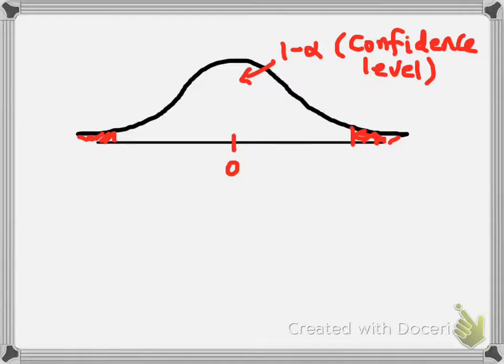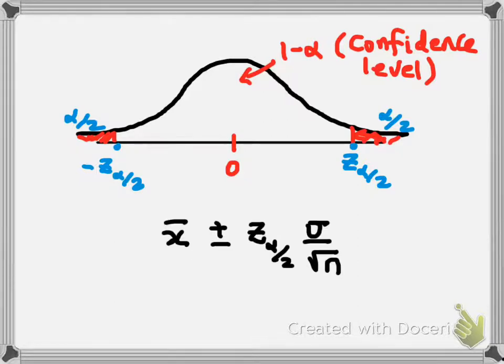And your alpha is split into 2 by symmetry. One of it is to the right, the other is to the left. The z-score that we're talking about is the z-score that corresponds to half the area, 1 minus alpha. So half the area, 1 minus alpha, will be this space that you have, the unshaded space divided by 2. You are going to find the z-score corresponding to that using our z tables that we have been using previously. And then we are going to create a confidence interval using our formula here.